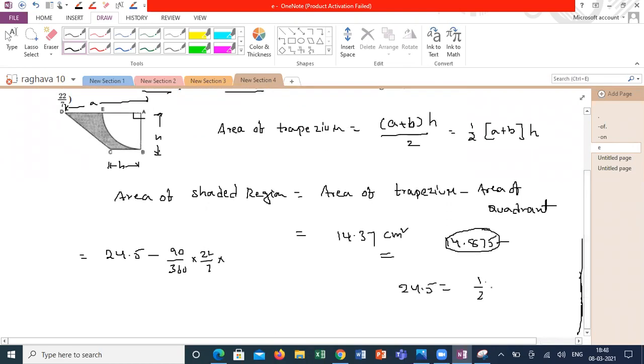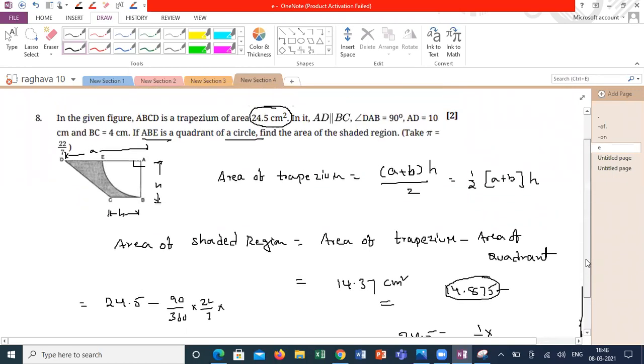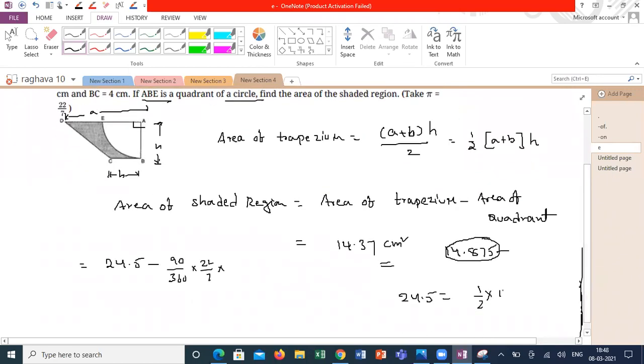The area is equal to half into 10 plus 4, 14, correct? From here, 7 sevens, how many times? 3.5. So this will be 3.5 into 3.5.